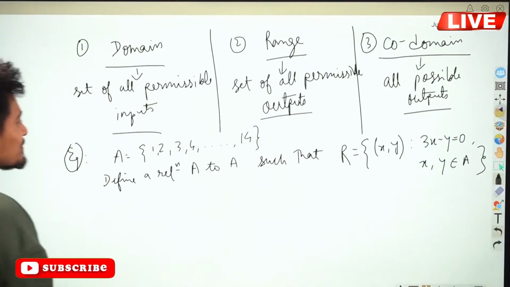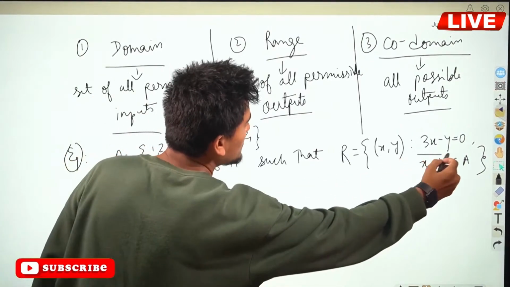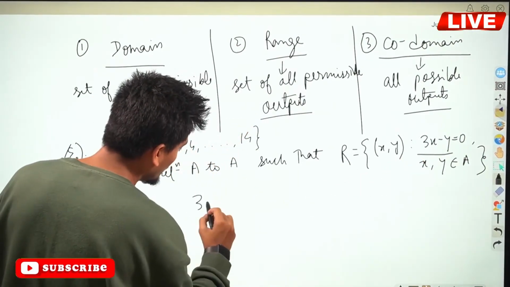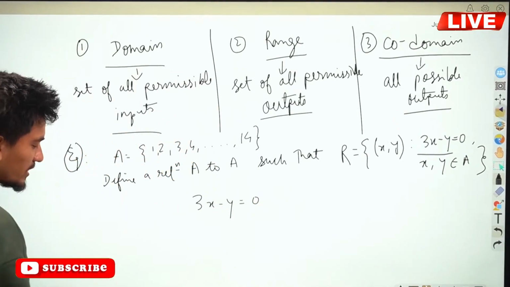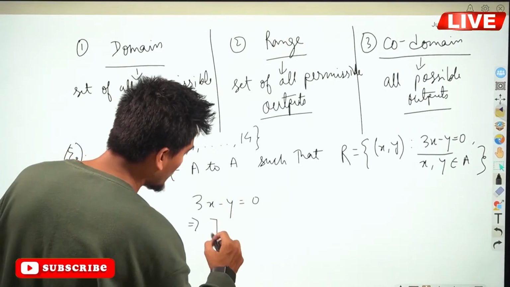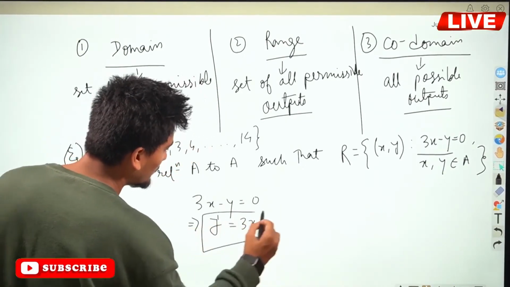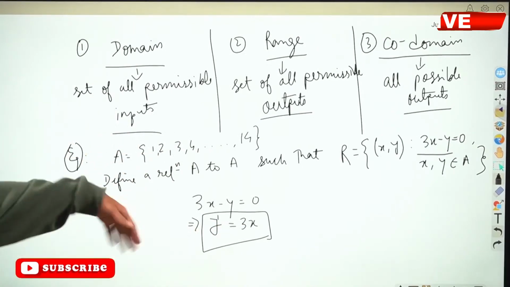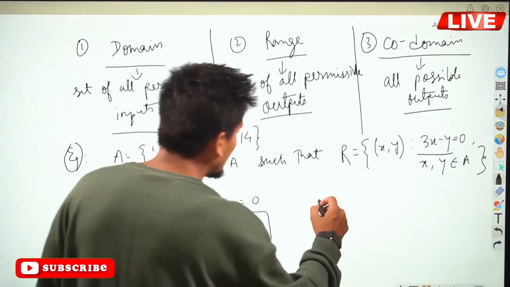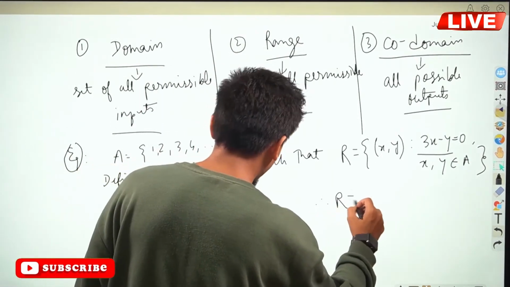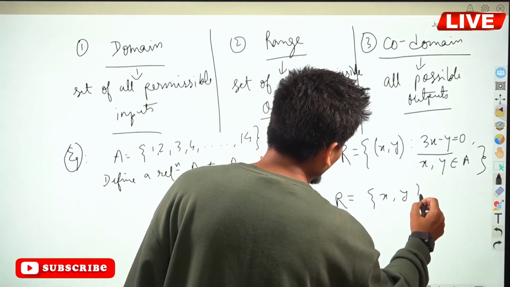Now see here. Since the given condition is thrice x minus y is equal to 0, which implies y is equal to thrice of x, right? So what we have got? Y is equal to thrice x. Now here R is equal to x comma y, right?